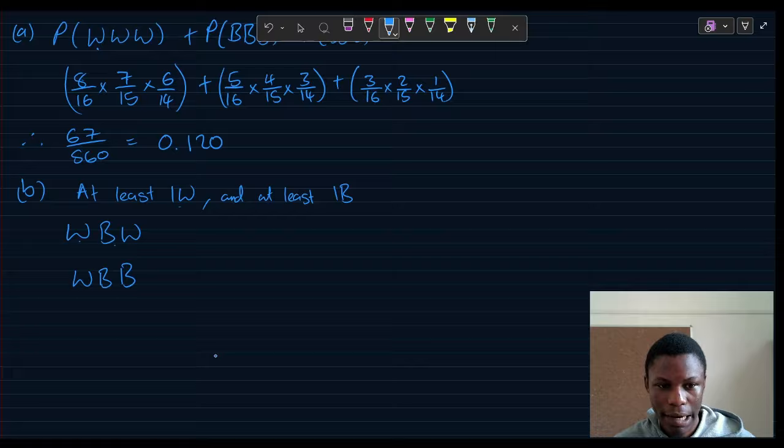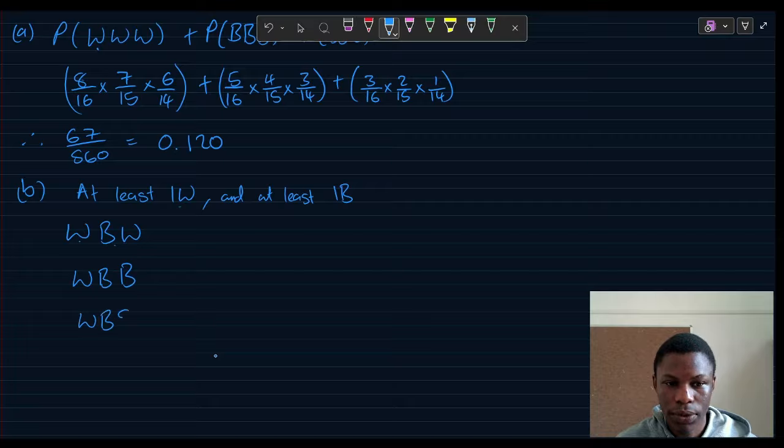Or are there any other combinations that we could have? Yes, we still have the silver cars, so don't forget those. We could have WBS. But I want you to keep in mind that in all these scenarios there are different ways in which I can arrange these.